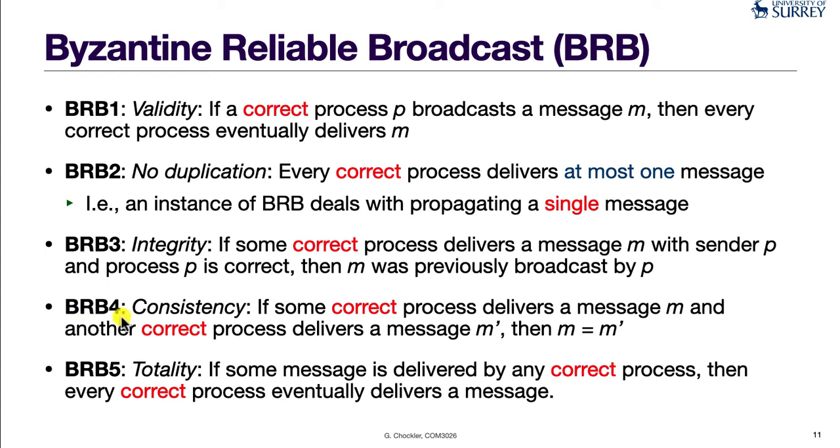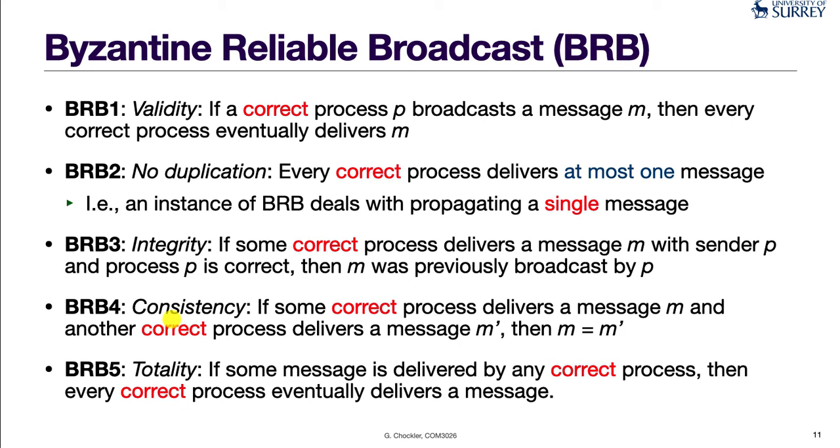The fourth property is called consistency, and it is as follows. If some correct process delivers a message M and another correct process delivers a message M prime, then both these messages are actually the same, M equals M prime. What the consistency property means is that there is no equivocation. We mentioned the problem of equivocation before, and the consistency property is what says that equivocation can't occur.